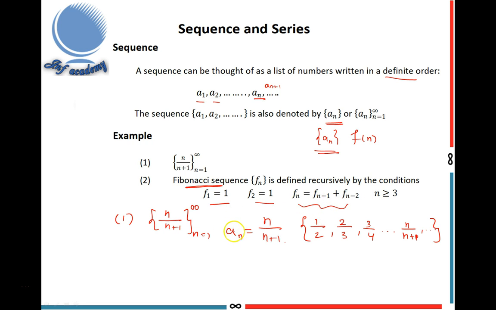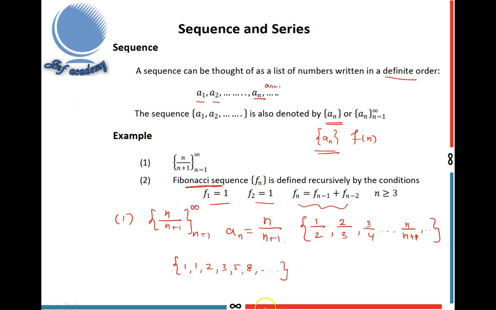That means each term is the sum of the two preceding terms. So the first few terms are: first term 1, second term 1, third term 1 plus 1, 2, fourth term 1 plus 2, 3, fifth term 2 plus 3, 5, and the next term 3 plus 5, 8, and so on. This is the Fibonacci sequence.